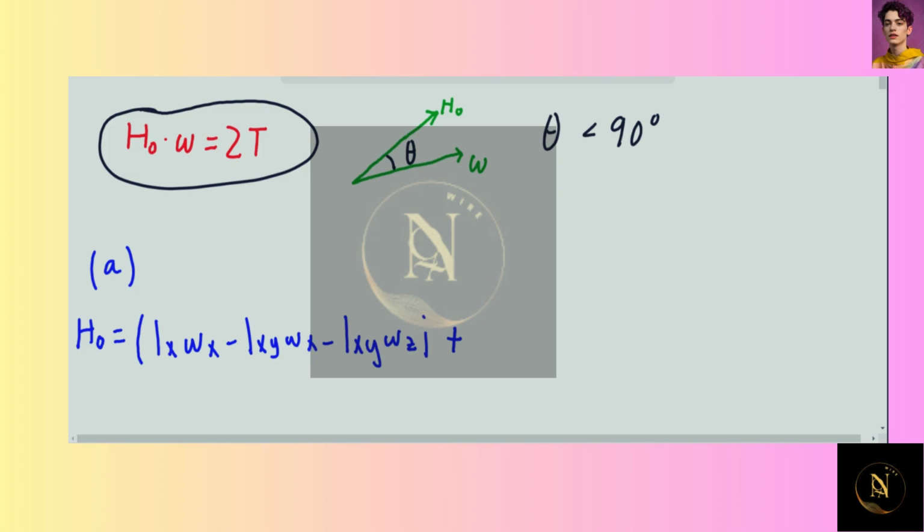Now for the J component, and we'll now have the K component.